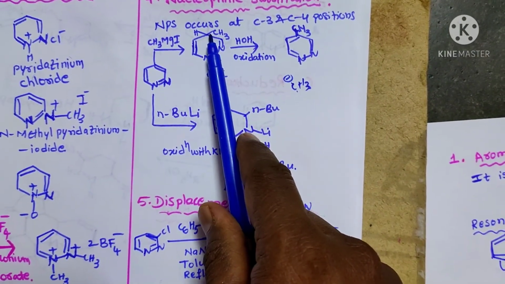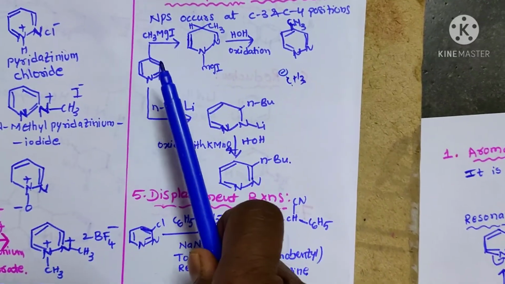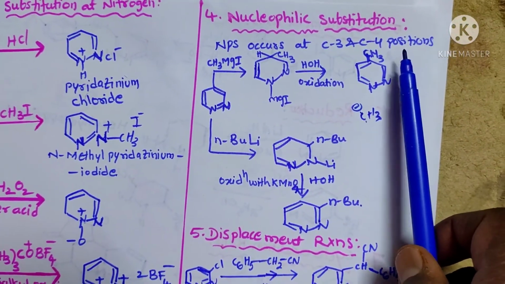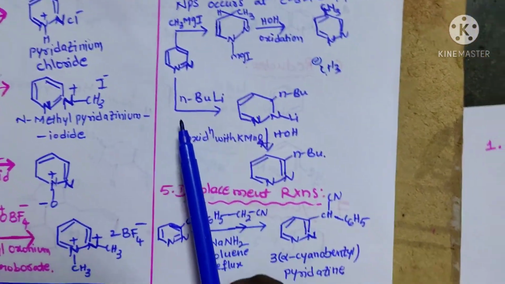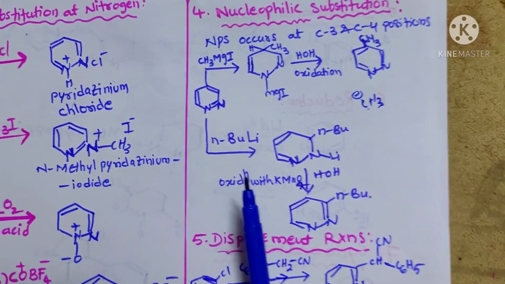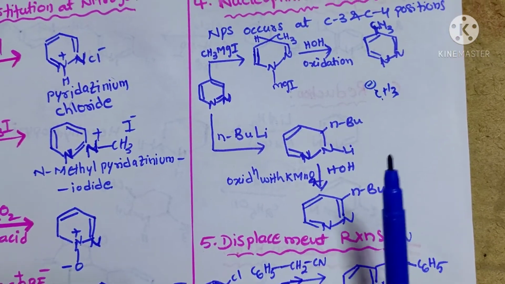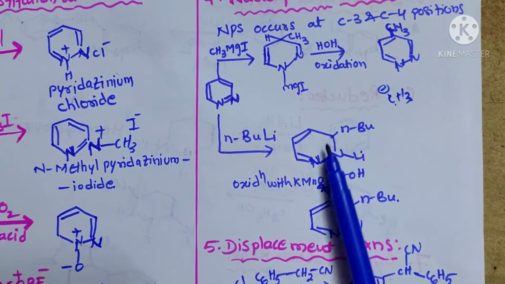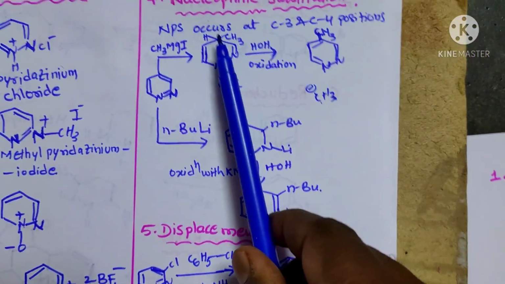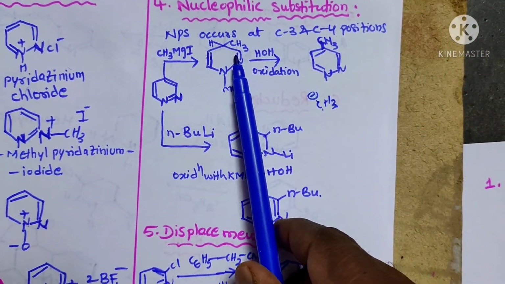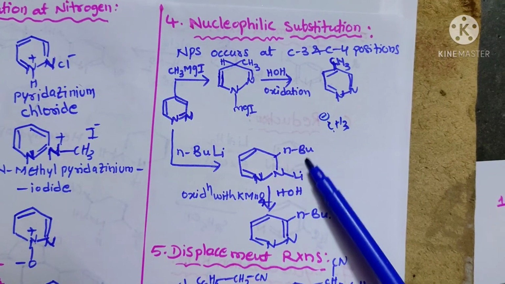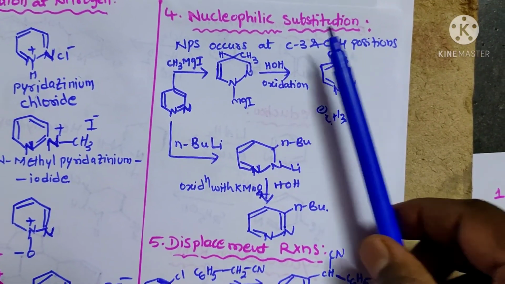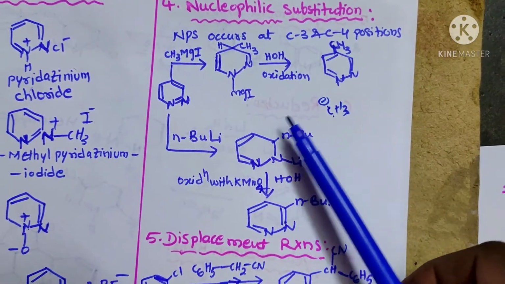So here in a pyridazine, nucleophiles are substituted either on the third position or on the fourth position. And when this pyridazine is treated with the butyl lithium, here N-butyl group is substituted on the third position. Here it is substituted on the fourth position, but here it is substituted on the third position. So it may be substituted at the third or fourth position.